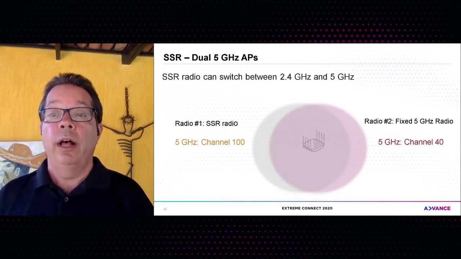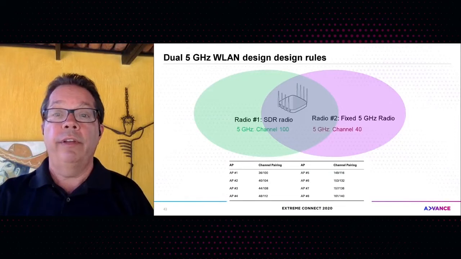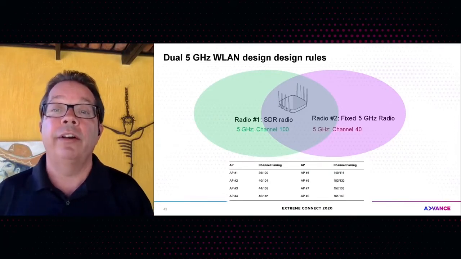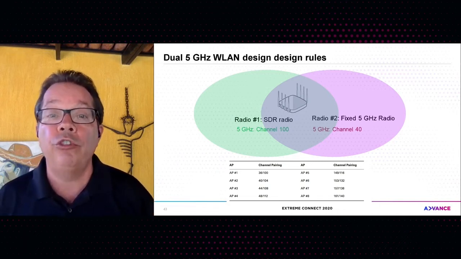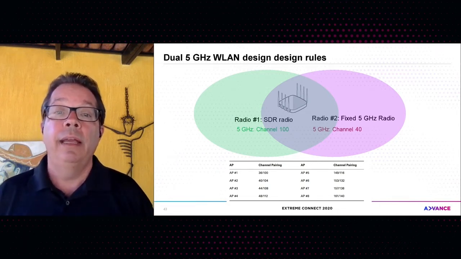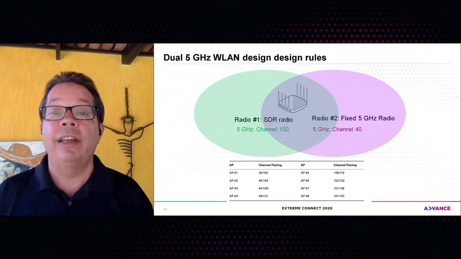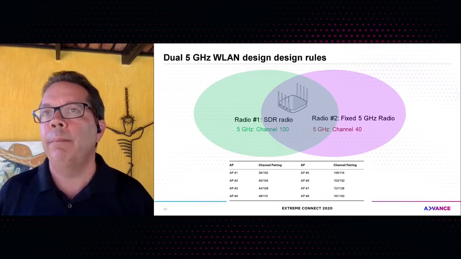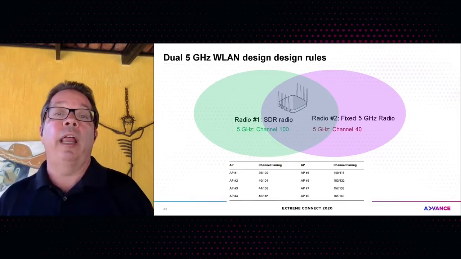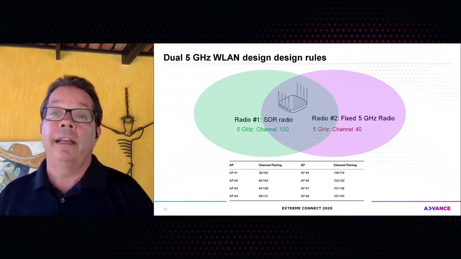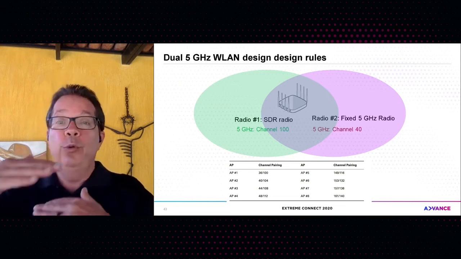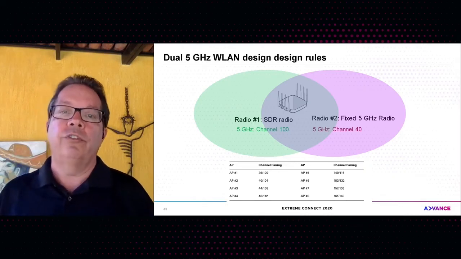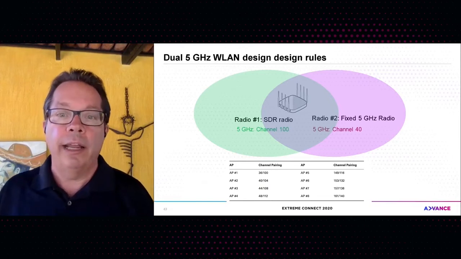There are some rules for dual 5 gigahertz. You do need at least 60 to 80 megahertz frequency separation between the 2 channels that are in the same AP. You might want to see if you can pair DFS and non-DFS channels with each other. Channel planning, whether you're doing it manually or allowing the RRM protocol to take care of it, gets more complex, because effectively you have 2 layers of 5 gigahertz design, and you need to make sure that the 5 gigahertz channels aren't causing CCI issues.